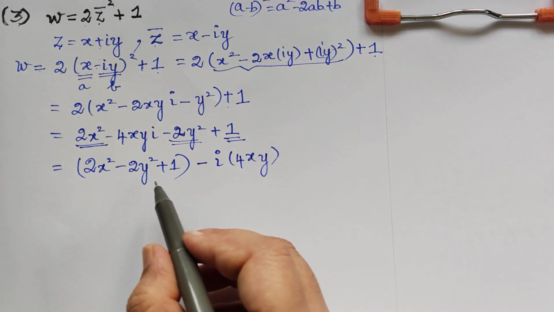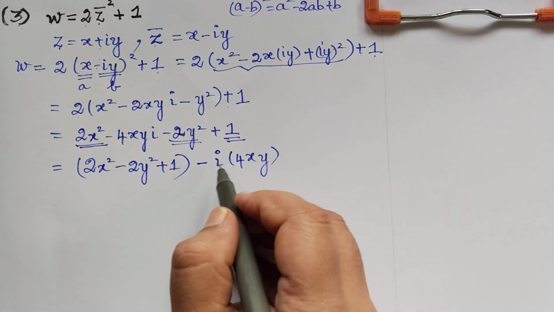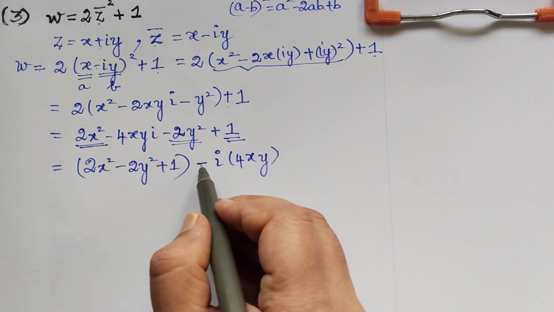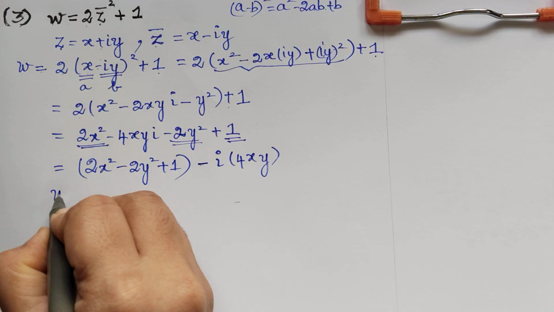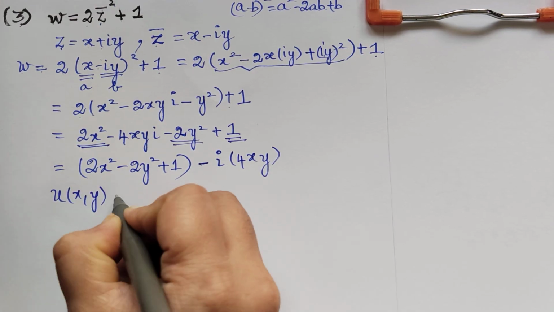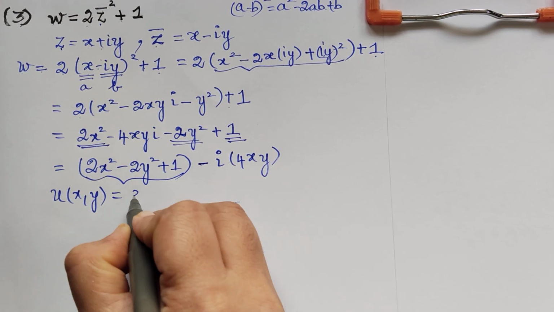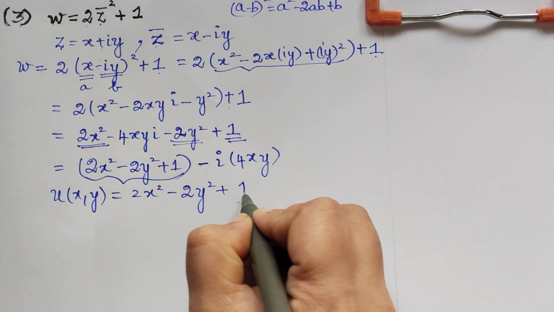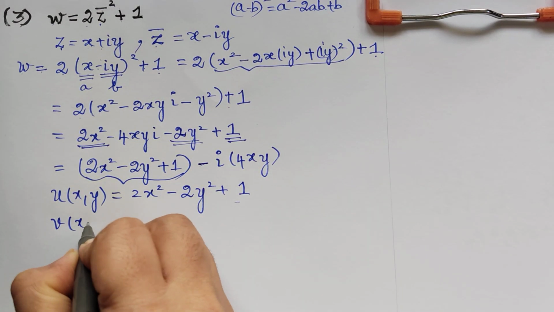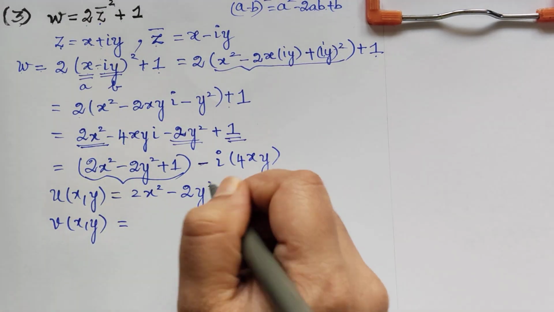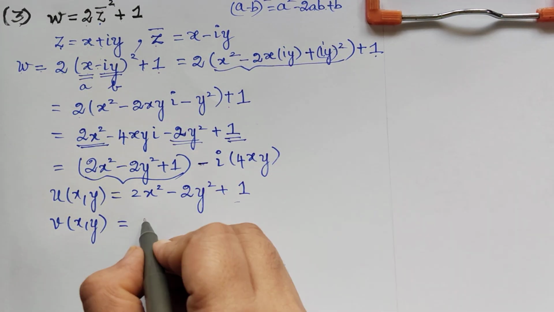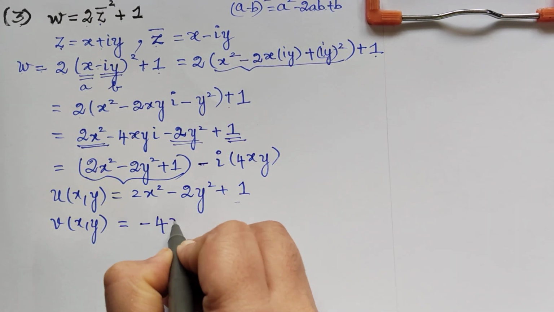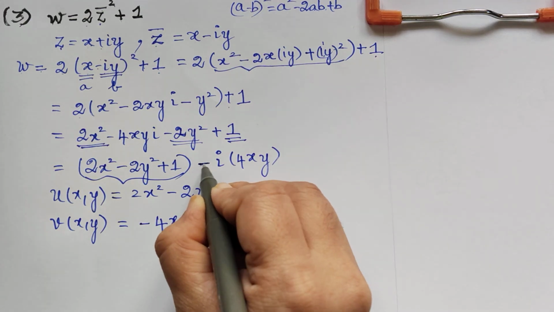So when you say the real part and imaginary part, you must say that along with the sign also. For example, here u of x comma y is the real part, which will be 2x square minus 2y square plus 1. And v of x comma y will be the imaginary part. In that case, you must say the imaginary part as negative 4xy. So you should combine this sign also.